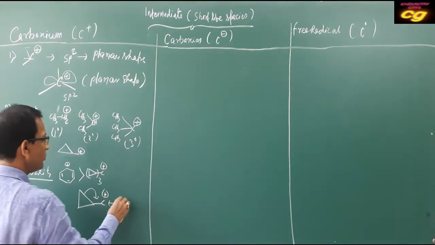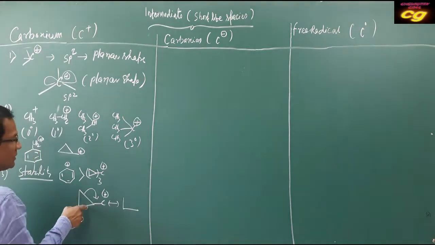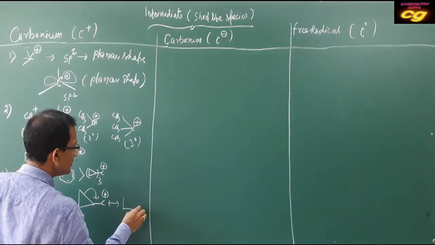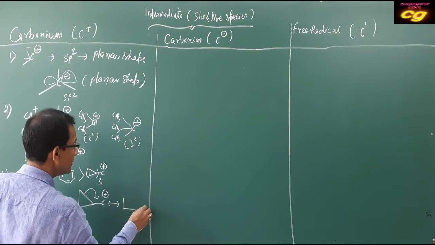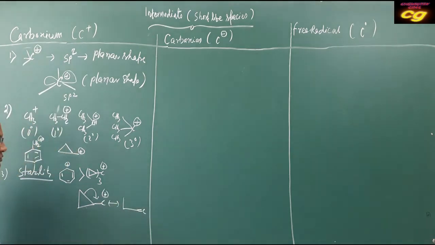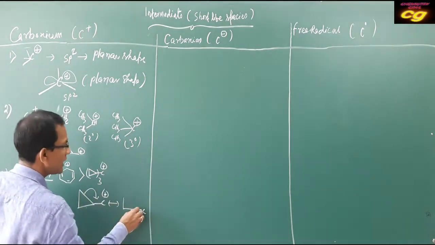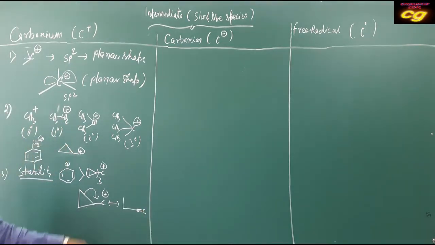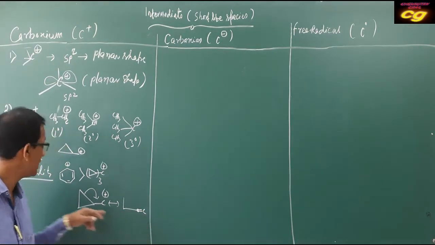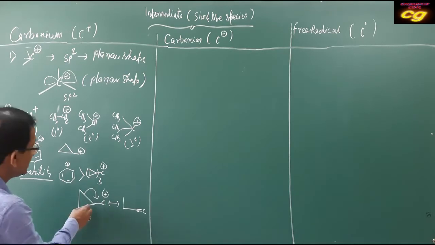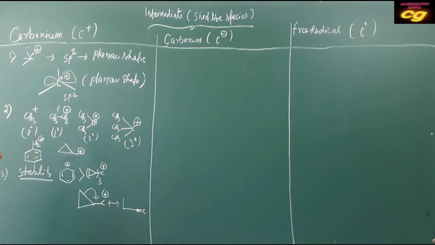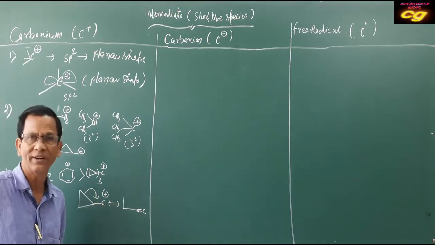So the bond will be open chain, then this will be a double bond. This carbon remains with a double bond to the adjacent carbon, and this bond breaks. Similarly, this side is also possible. This type of resonance is called dancing resonance.